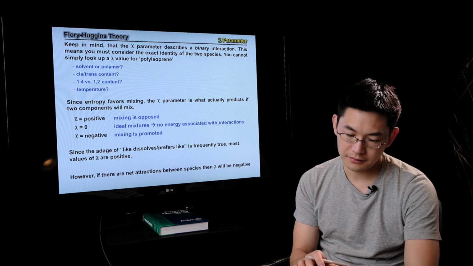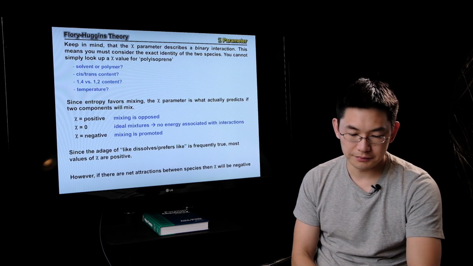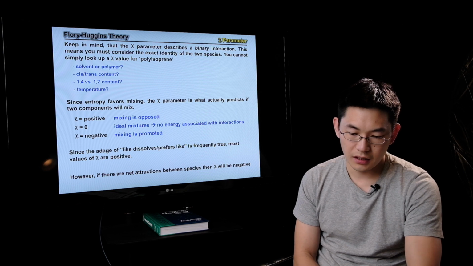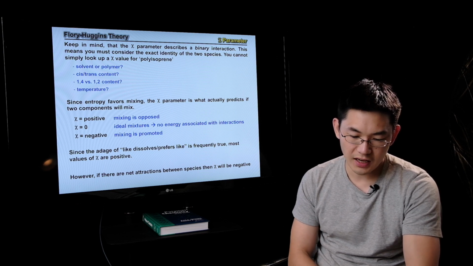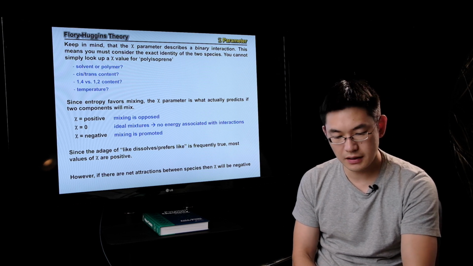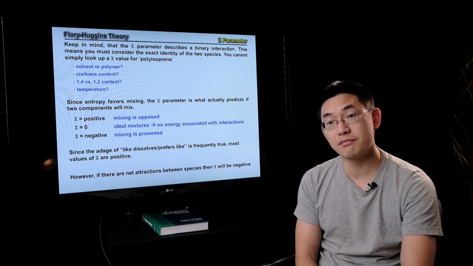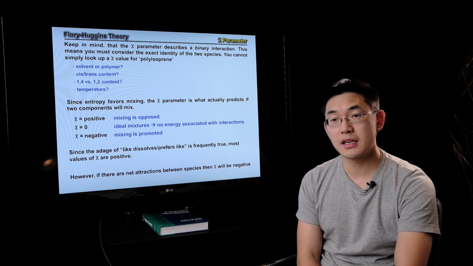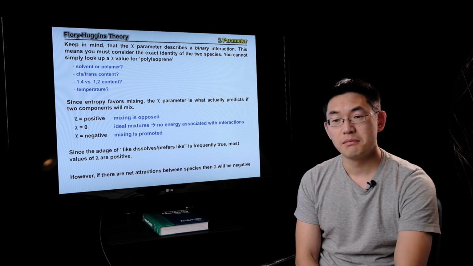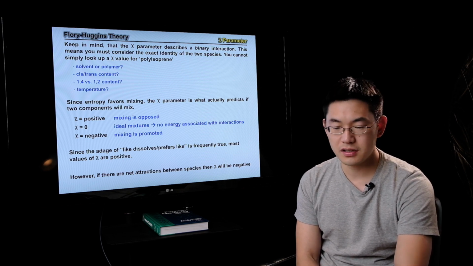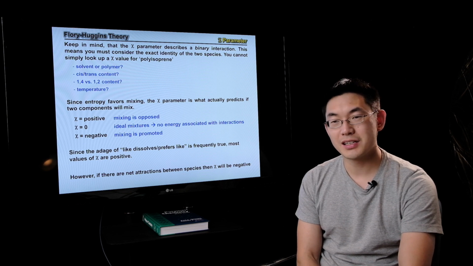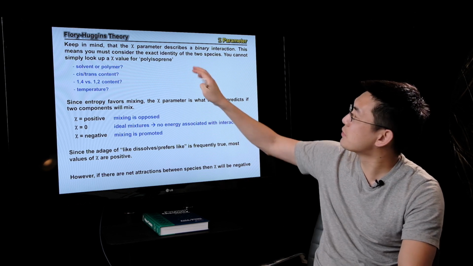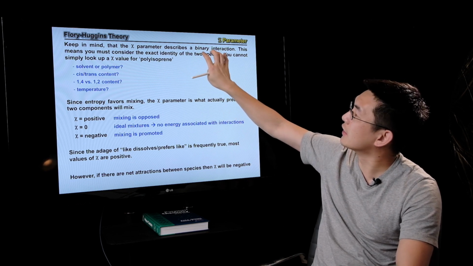And I also want to speak about values we need to keep in mind: the chi parameter is very much a universal term used to describe interaction between two species, but it is sometimes oversimplified, right? It's just to say all the binary interaction between two species is encoded in it.